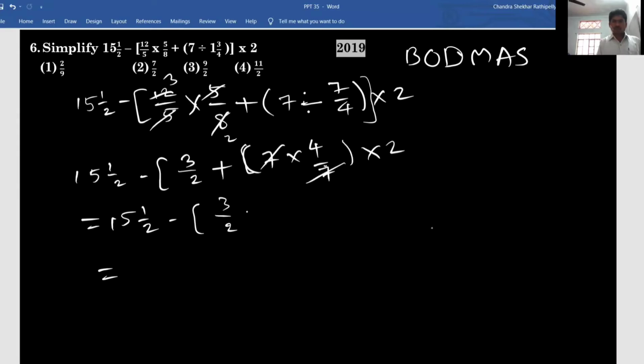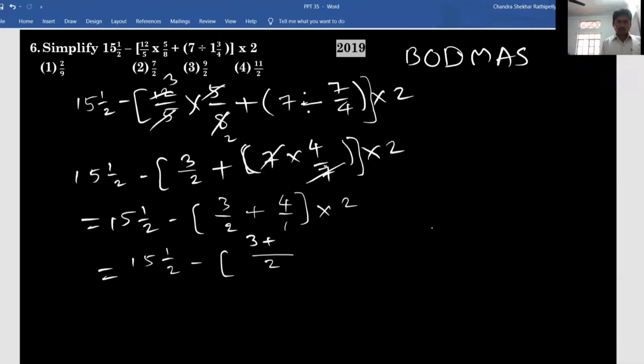So we have to mention this bracket children, must. 4 into 2, 15.5 minus, here LCM of this, 2 3s are 6, 2 4s are 8, into 2. So 2 cancel.